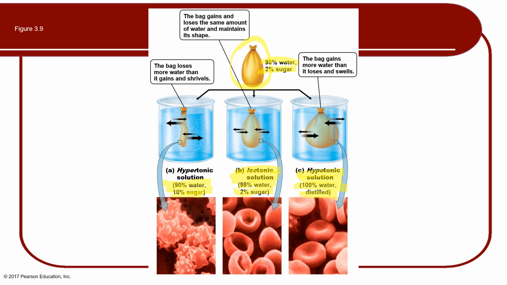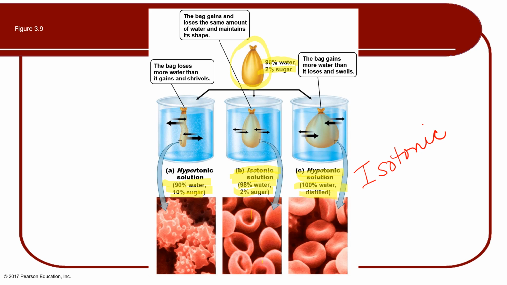So if you're going to get, for example, an IV at the hospital, it's important that that IV is isotonic. Because if it's not isotonic, your cells, especially your red blood cells, would either swell up or shrivel up.